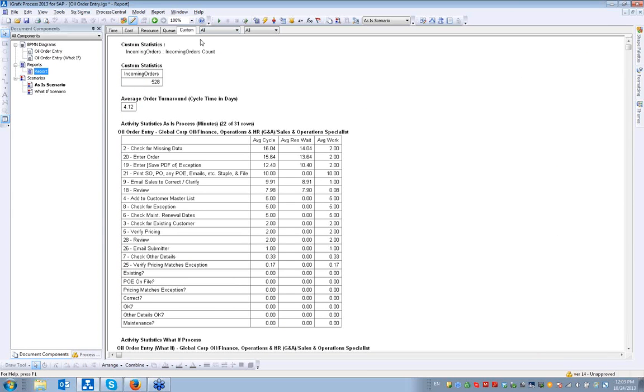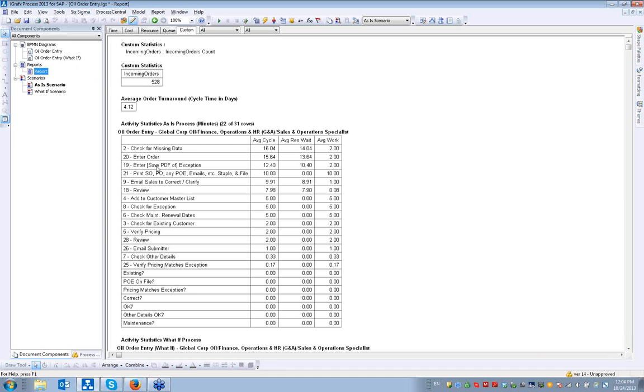I compare these results against the real-life process to help me have confidence that I have an accurate model. So for example, the total cycle time is around 4 days, and the number of incoming orders matches the real-life process. So this gives me a base to do the what-if experiments on this particular process.